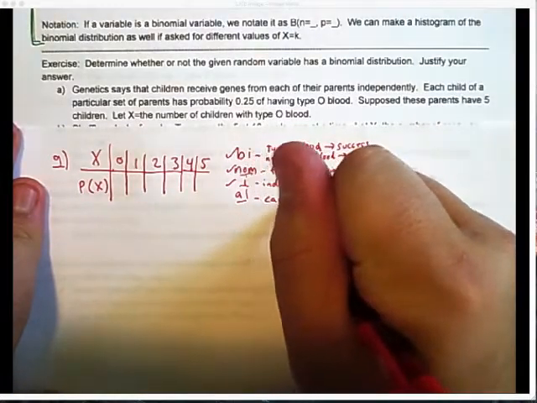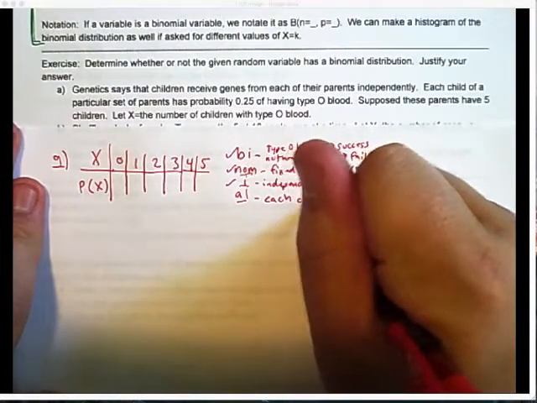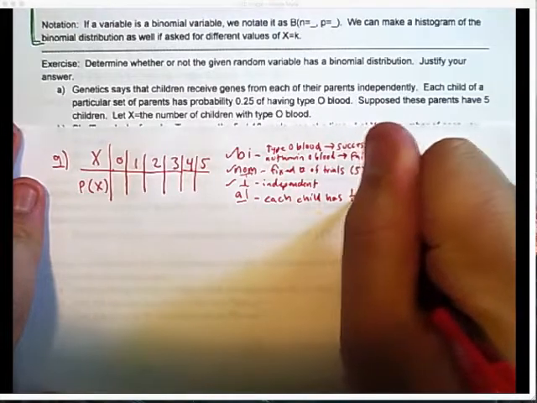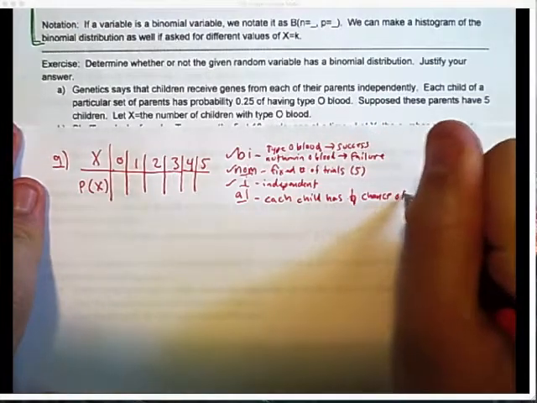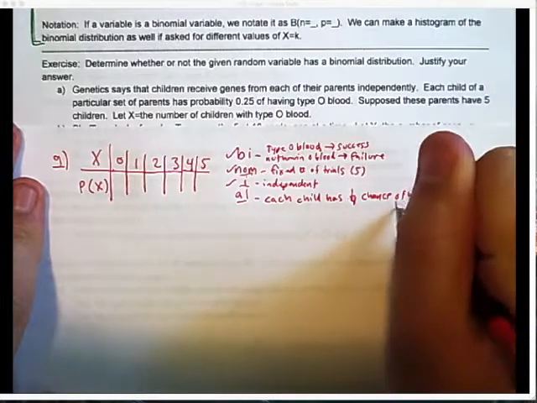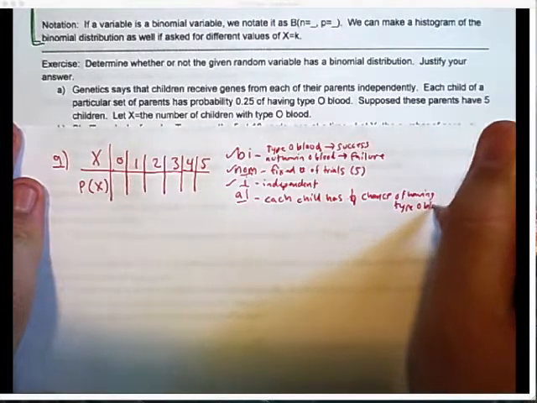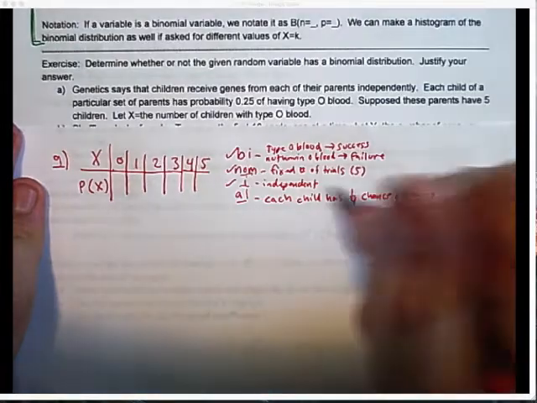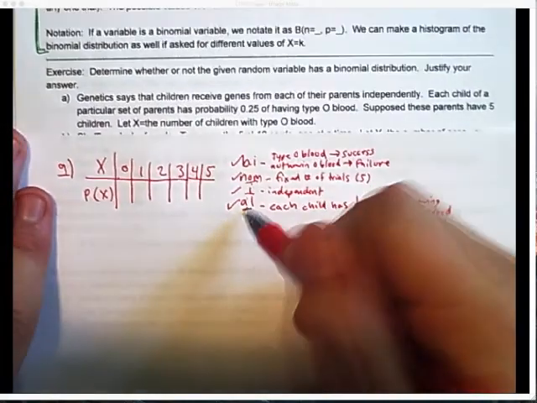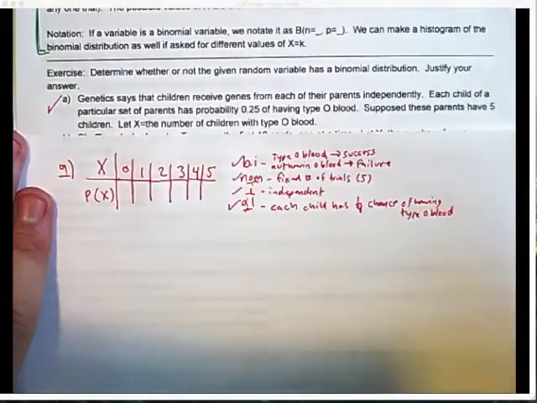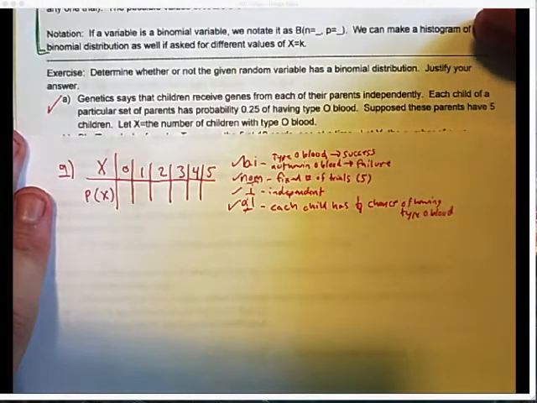It tells us in the paragraph that each child has a 1/4 chance of having type O blood. So each child has that same probability, so that condition is met. All 4 conditions are met, so this will have a binomial distribution.